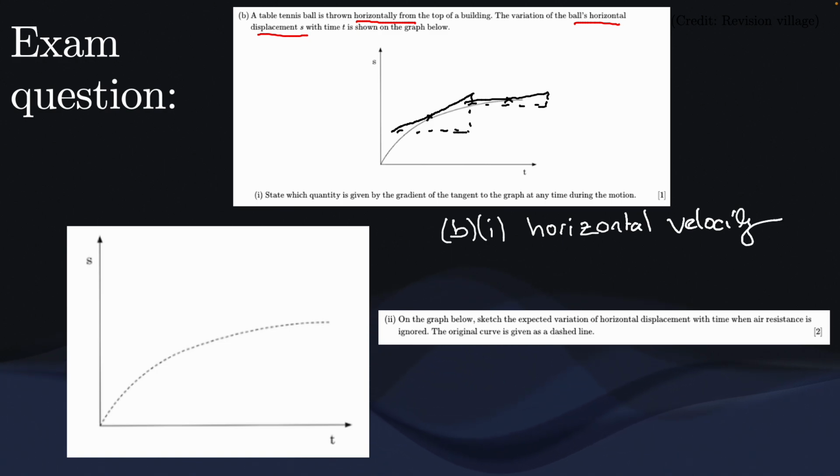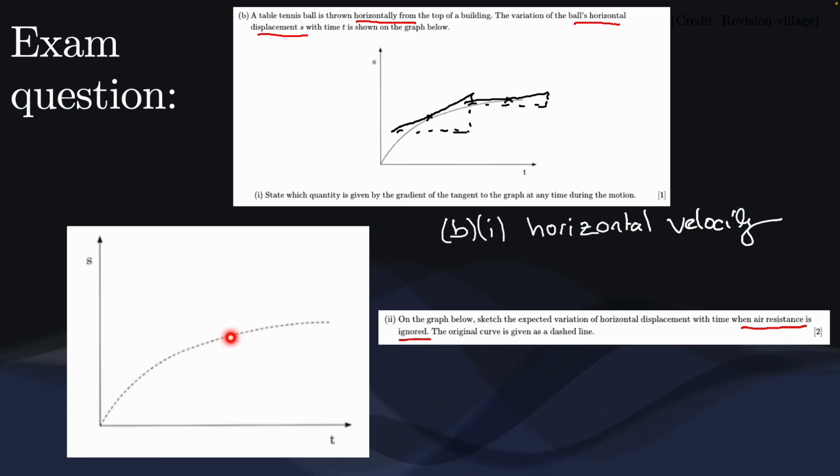Now, 2. On the graph below, sketch the expected variation of horizontal displacement with time when air resistance is ignored. The original curve is in a dashed line. Now, we can tell that air resistance in this dotted graph isn't ignored because look, even though it's thrown horizontally, its displacement isn't linear.